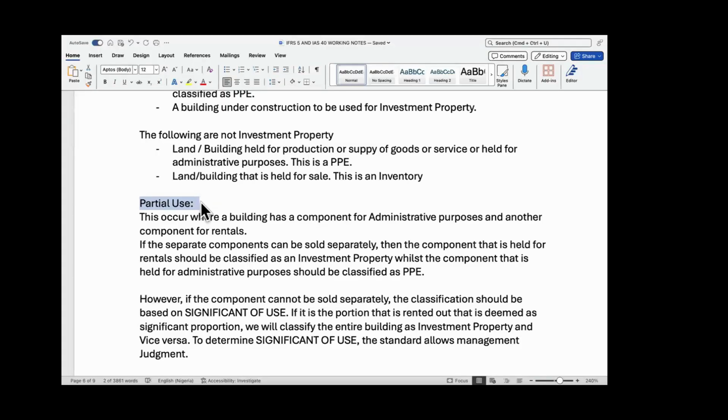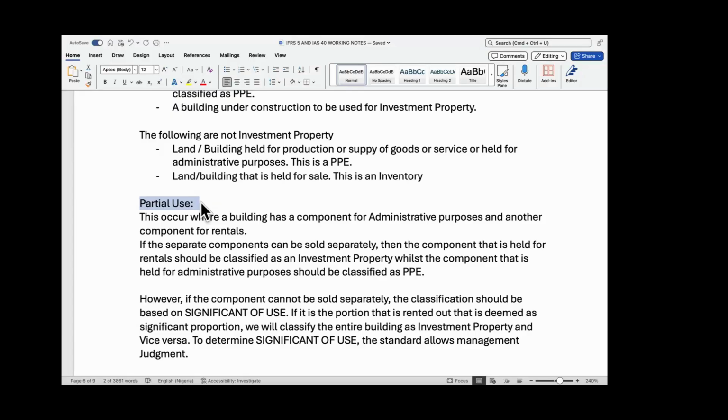However, if the component cannot be sold separately, then the classification as to whether it is PPE or investment property should be based on significance of use. If the portion that is rented out is deemed as the significant portion, then you're going to classify the entire building as an investment property and vice versa.